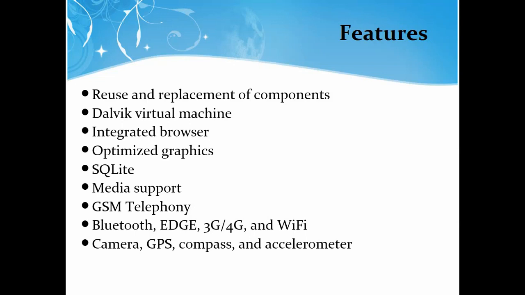Again, the manufacturer decides the hardware components. Android supports all. If your phone has a compass, Android has software to control that compass. If your phone has an accelerometer, Android has a feature to control your accelerometer, and so on. That all depends on the hardware. What I have discussed here is the software support from Android for your hardware.